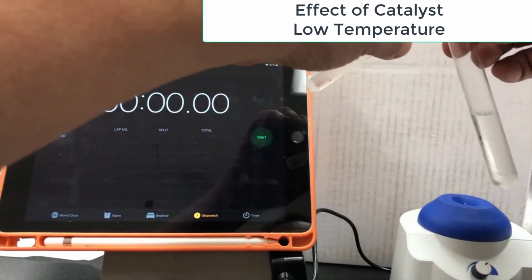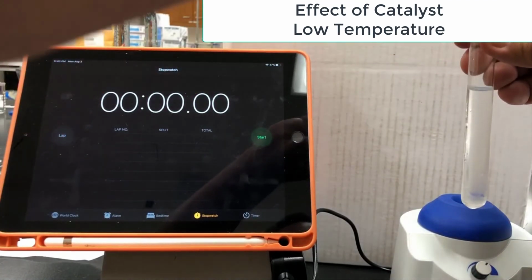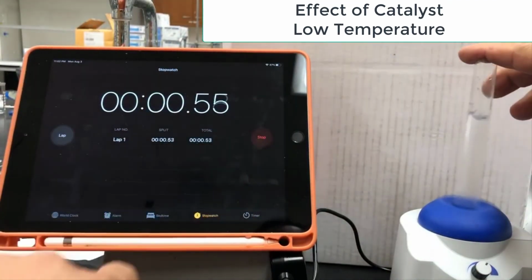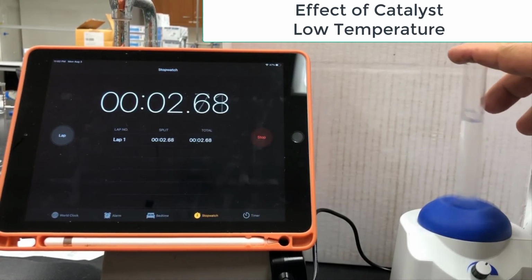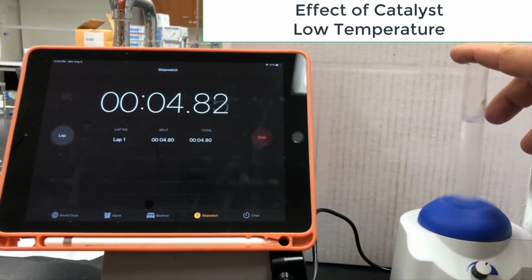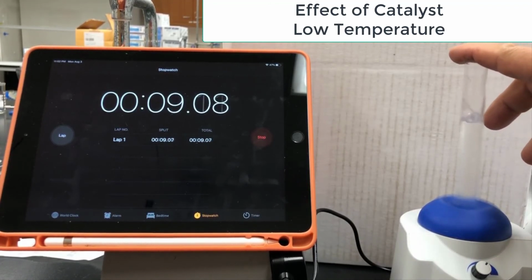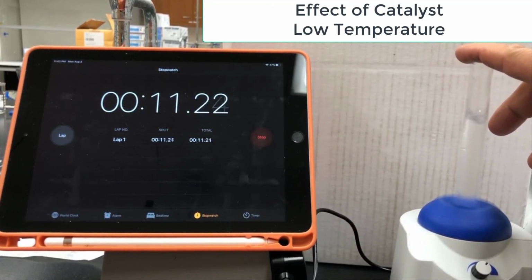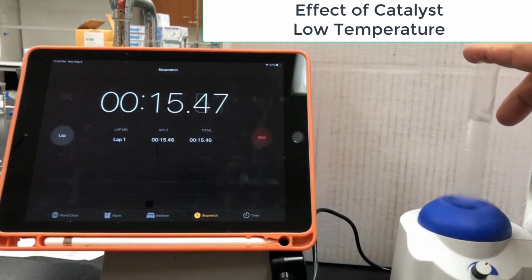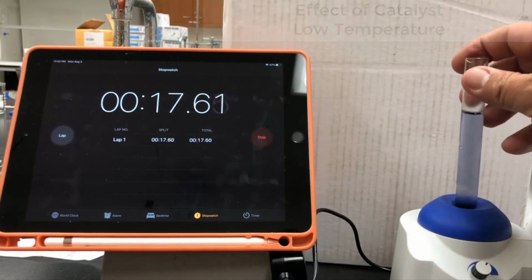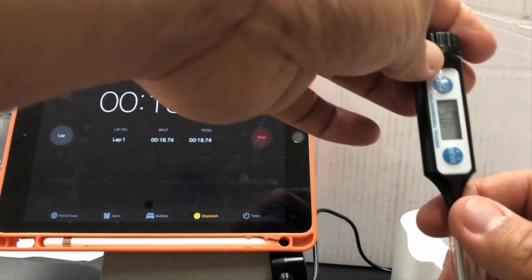Okay, so we're ready to do a low temperature trial. I'll mix them together and start the timer. Go, and then we'll measure the temperature.